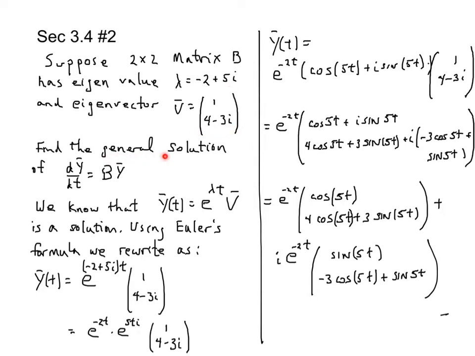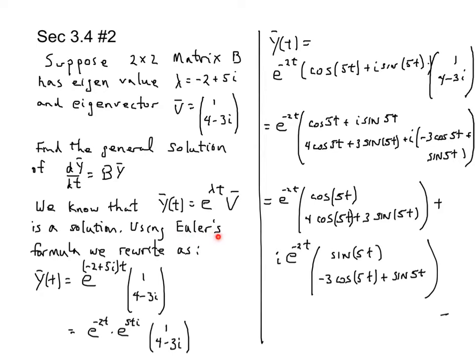You're asked to find the general solution of the differential equation that has as its constant coefficient matrix B. Well, as was shown in class, a function of this form will solve this linear system. However, this is a complex valued function. Lambda is complex and V is complex, and so the solution will be complex.